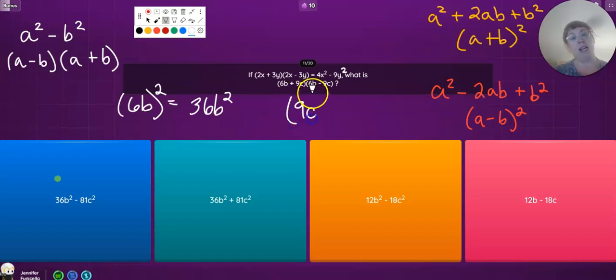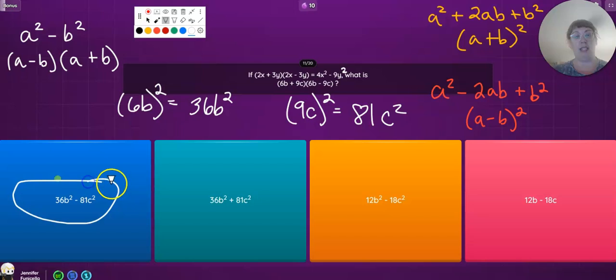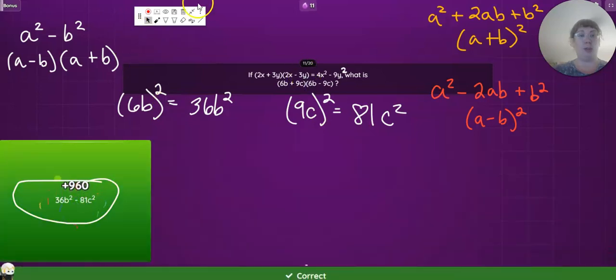Our second term is a 9c, and when we square that, 9 times 9 is 81, c squared. So we have 36b squared minus 81c squared.